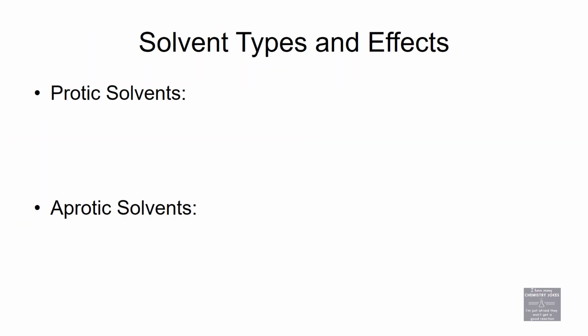You ready? So we just preached for a while about solvents, protic solvents and aprotic solvents. What the heck are protic solvents and aprotic solvents? Protic solvents have hydrogen bonding. Aprotic solvents don't. What does it mean to have hydrogen bonding? Hydrogen directly connected to nitrogen, oxygen, or fluorine.